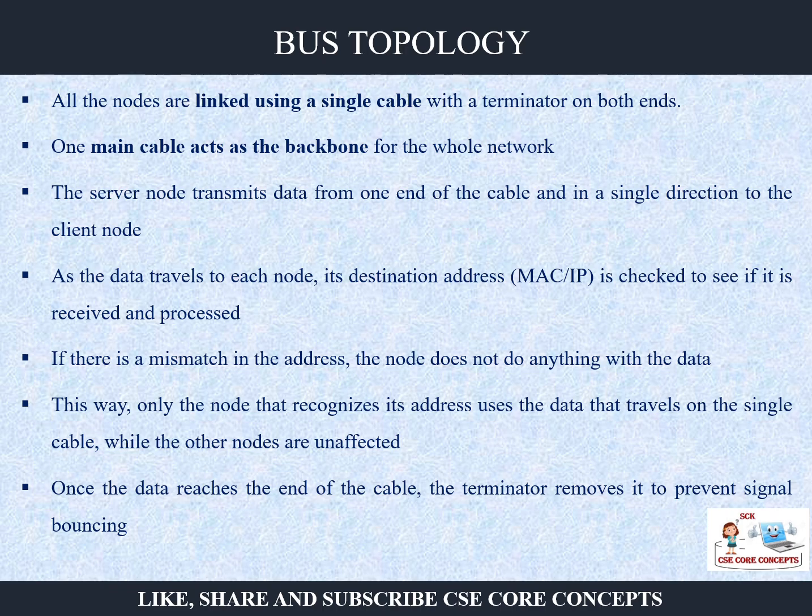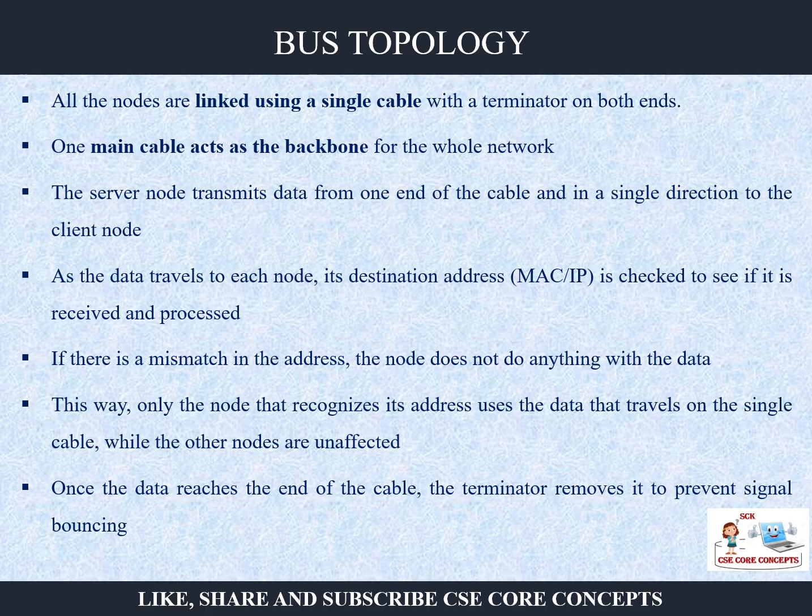Any server transmits data from one end of the cable in a single direction, and as the data travels, it is received or processed based on the MAC or IP address. The server sends the data, and each piece of data has the receiver's address. Each connected node matches the address to check whether the data belongs to it.